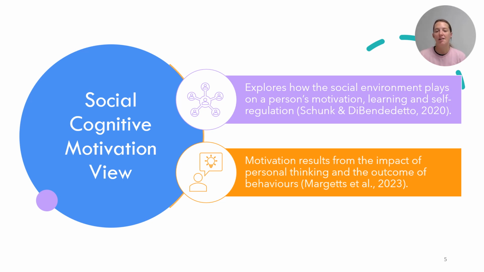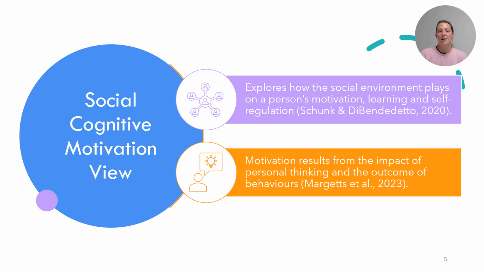So the first theory that we're going to look at is the social cognitive motivation view, and this theory explores the role of social environment that plays on a person's motivation, learning and self-regulation. So from this perspective, it involves looking at the outcomes of behaviour and the effects of personal thinking while understanding the influence the environment has on that person.